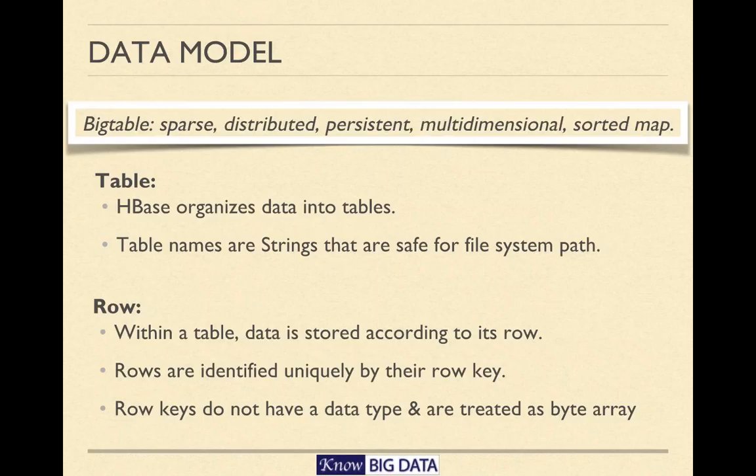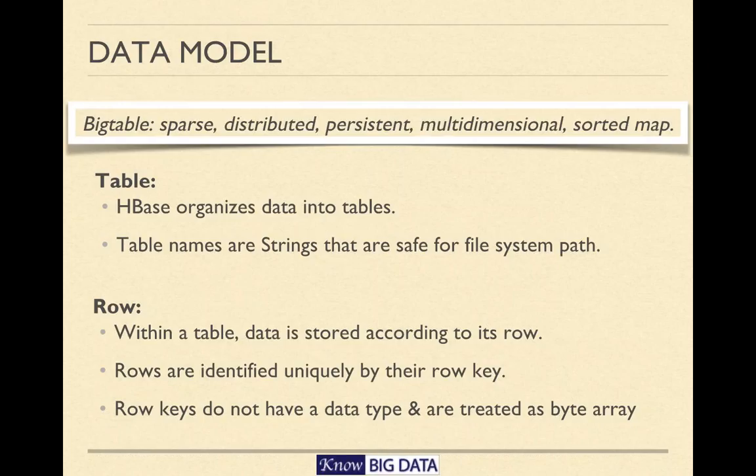Okay, so let's take the case of a map. Bigtable is a map. Map means it is a key and value, meaning it has a row key and it has a value. Multidimensional means the value contains more fields. It's not a single value, it contains more cells.